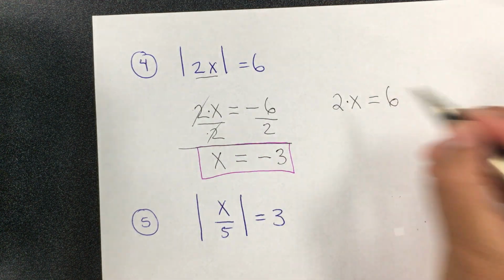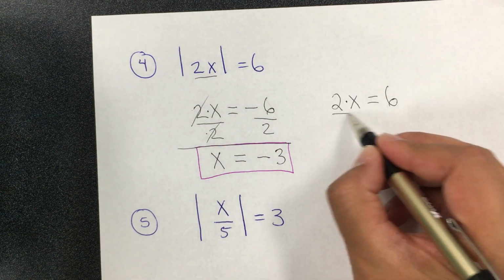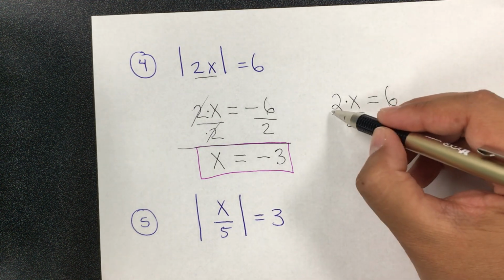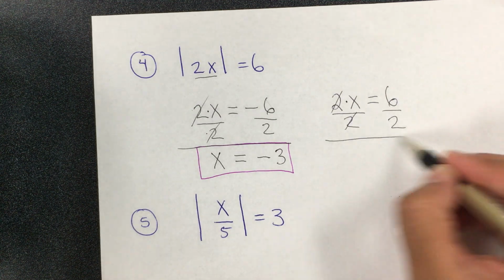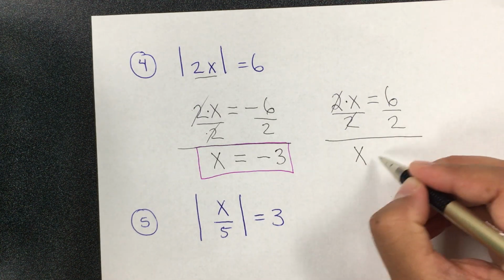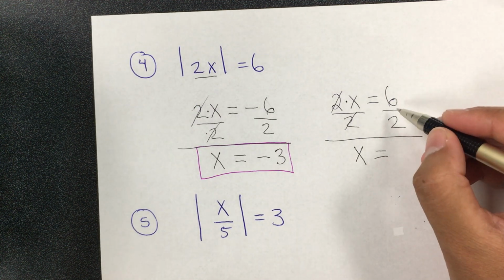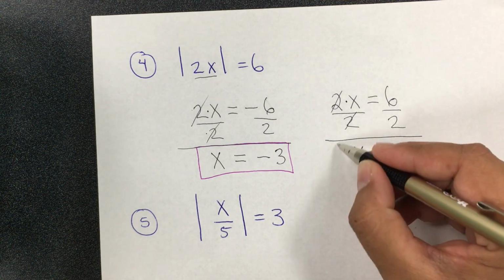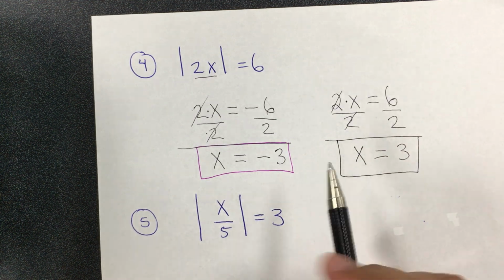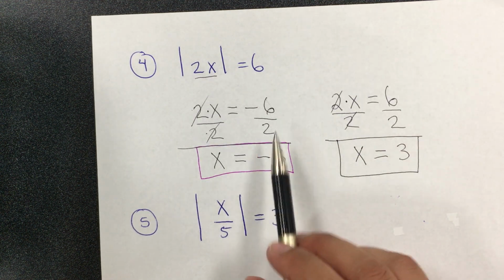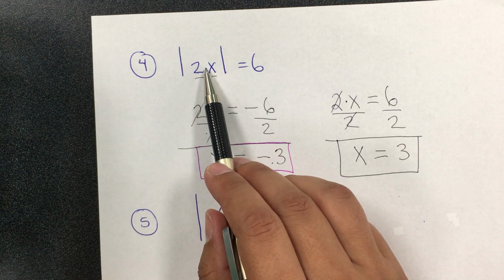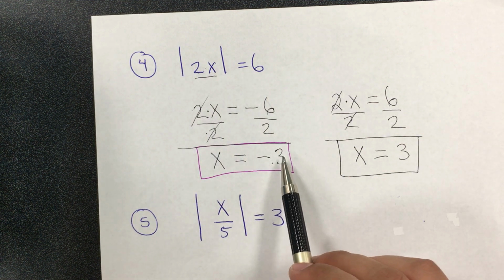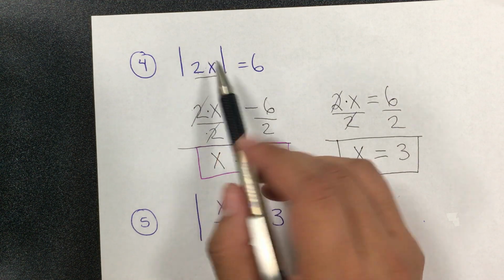On this side, if we're multiplying, the opposite is to divide. We divide by 2 on both sides. This cancels. And we get X equals positive divided by positive is positive. 6 divided by 2 is 3. If we replace in here 2 times, remember that this is multiplication, okay? So 2 times -3 is -6, right?